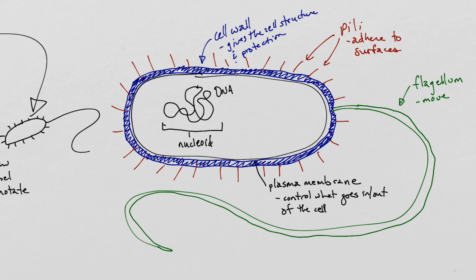Now we'll learn a lot more about DNA later on, but for the time being, you just need to be able to label these things and not list any kind of function at all. There is a liquid that everything on the inside of the cell floats in. That liquid is called cytoplasm.